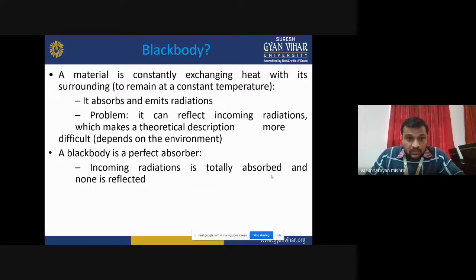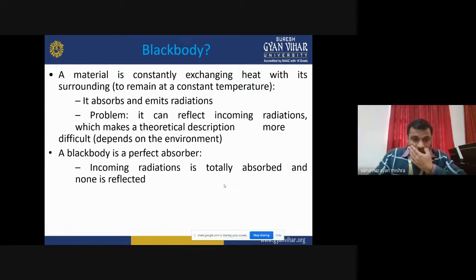Okay, so a black body is a kind of material that absorbs all kinds of radiation. But it is not possible to have a black body in nature. It's a hypothetical concept of a material that absorbs all types of radiation.